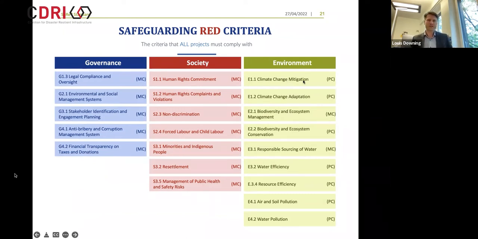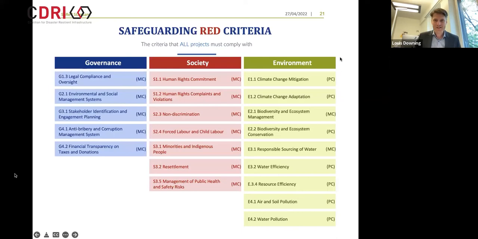So in the environmental dimension, we've got climate change mitigation, adaptation, biodiversity management and conservation, responsible sourcing of water, water efficiency, resource efficiency, air and soil pollution, water pollution. Then in the society dimension, we've got these 7 criteria, and then 5 in the governance criteria. MC is referring to management criteria, and PC is referring to performance criteria.